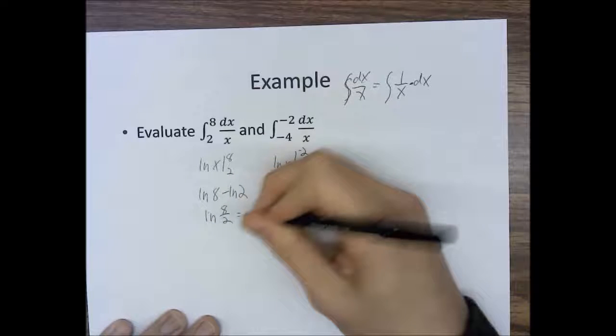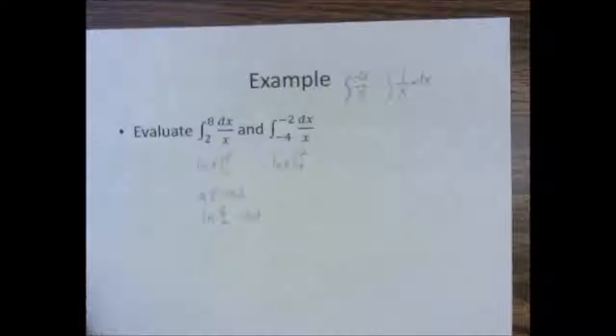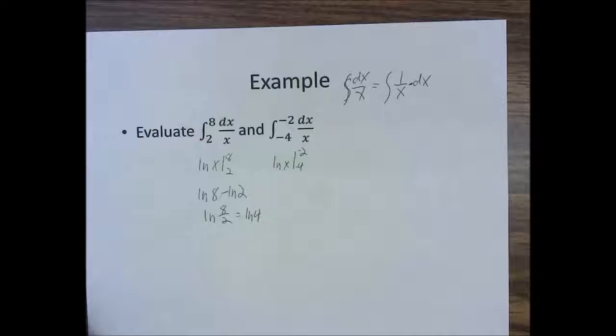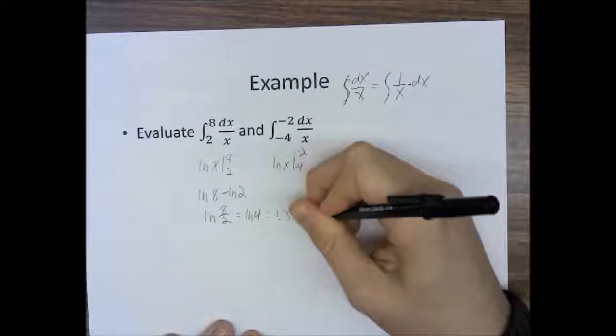It's just going to be natural log of 4, which if you plug into your calculator, is going to give you 1.38629.